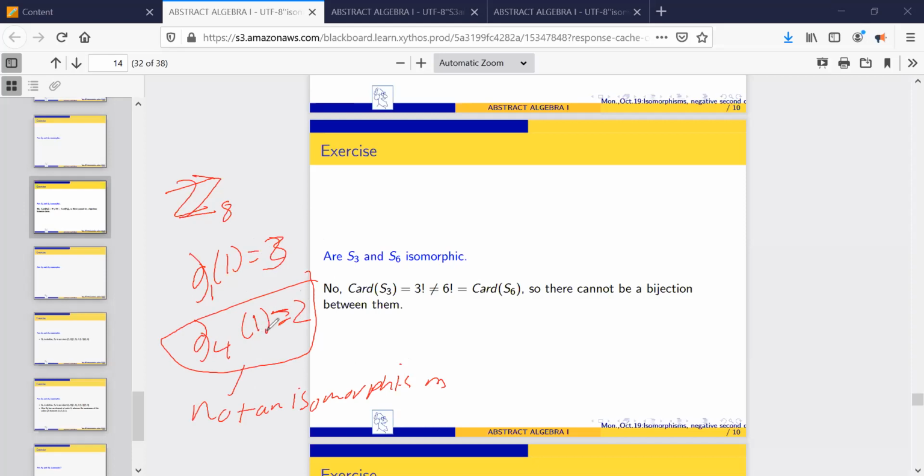Remember I said earlier that I can map 1 to any generator. If I map any generator to any other generator, I'll get an isomorphism. Just if I map 1 to 1, it's not a very interesting isomorphism.